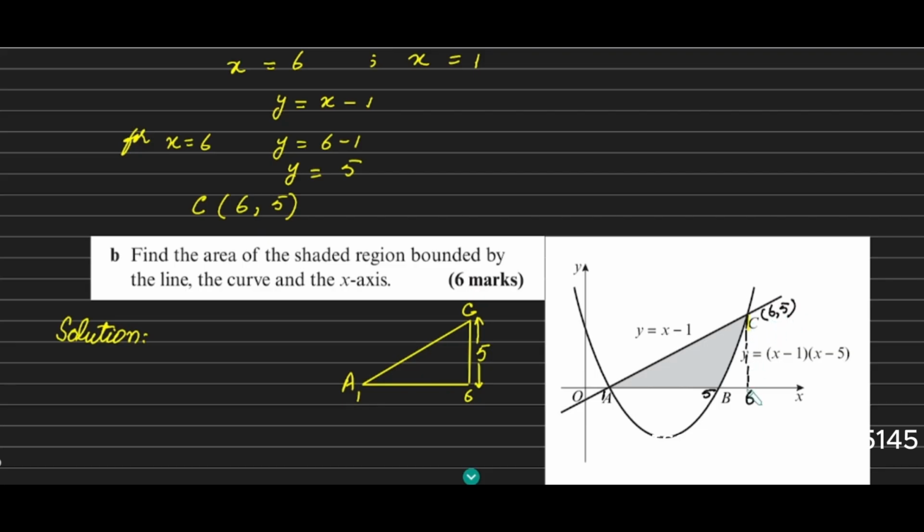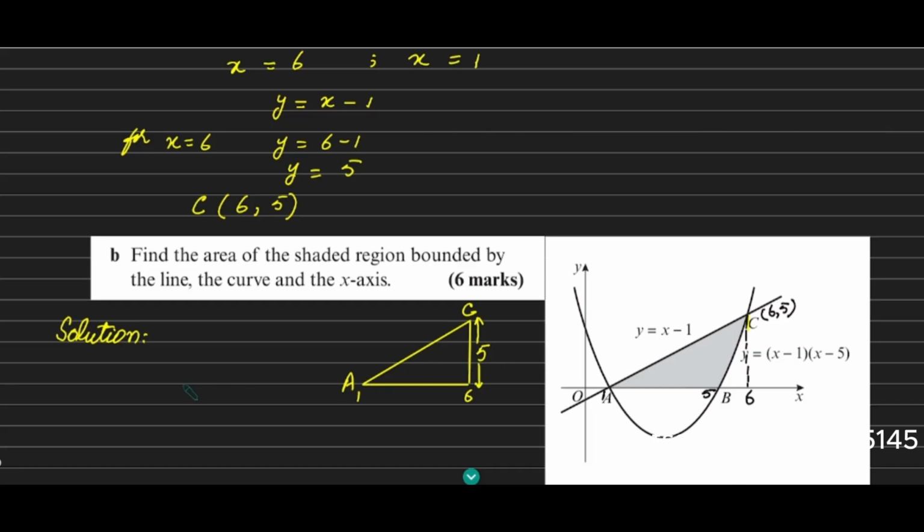So this will be 6 on x-axis and 5 will be used for the perpendicular, which is drawn here. So the area under the line and curve and x-axis will be the total area of triangle A at point C minus the area under the curve.